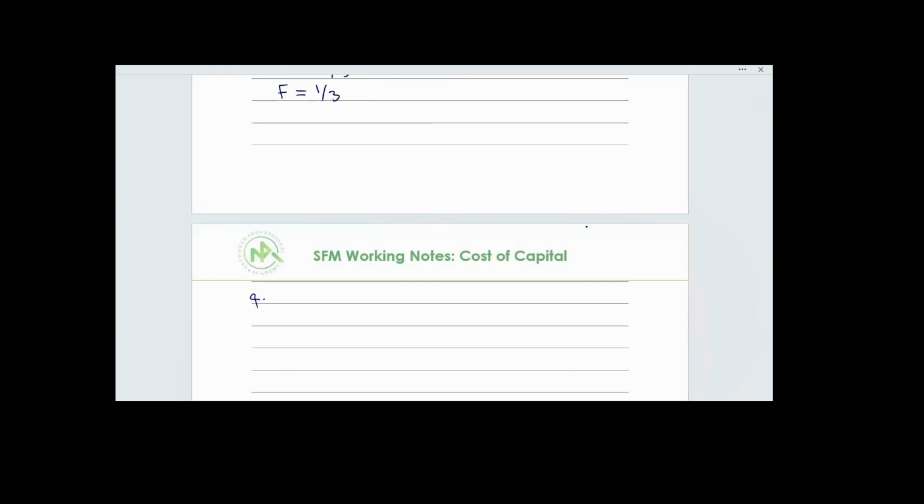I would then say beta assets of the combined. Sorry, I wrote it twice. Beta assets of the combined.